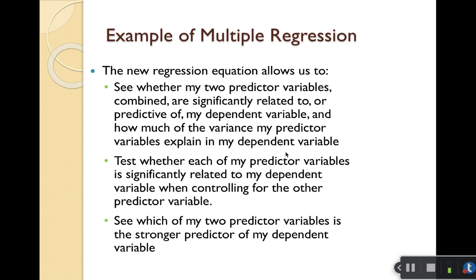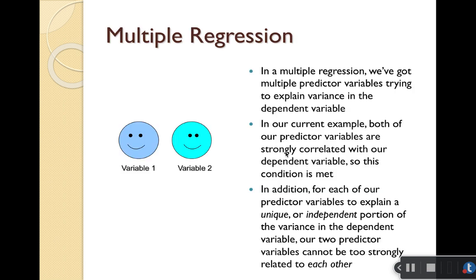So again, trying to move that 72% to a higher number. It also tests whether each of the predictors is significantly related to the DV while controlling for the other one. So we can look at their individual contribution, or we can look at their contribution as a pair or a set. We can also see which of the two predictors is a better predictor, and we'll look at how we can use SPSS to determine that.